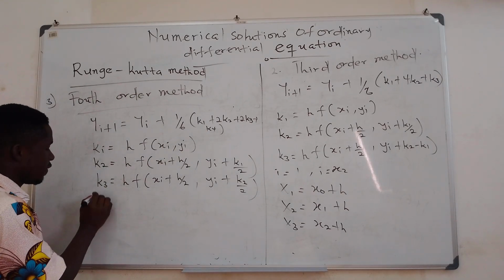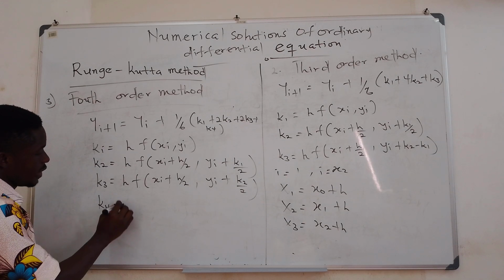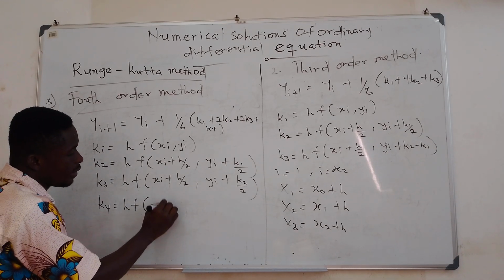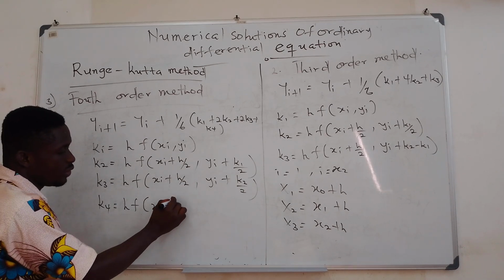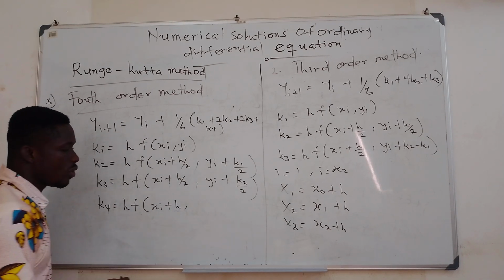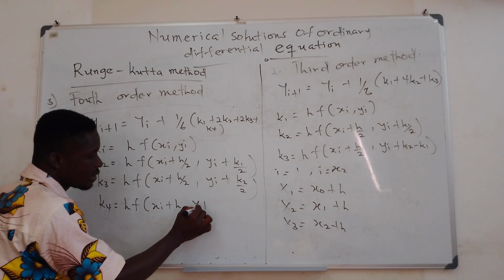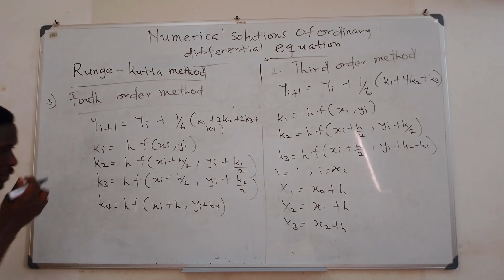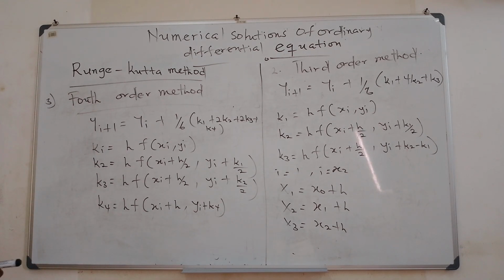To find k4 is h of f of xi plus h, yi plus k3. This is how we go by the fourth one.